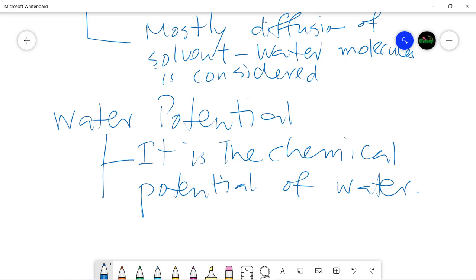The chemical potential term is still valid as far as other substances are concerned, for example, if we are talking about some other solvent or if we are talking about solute, we usually use the term chemical potential, but as far as water is concerned, we are going to use the term water potential.